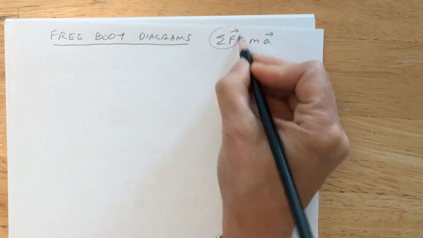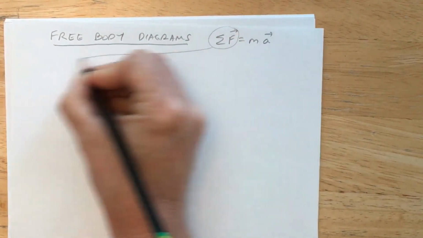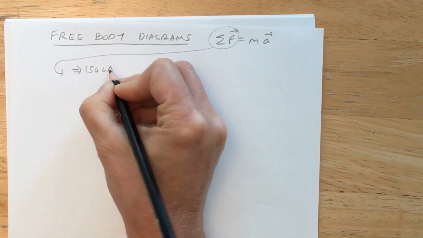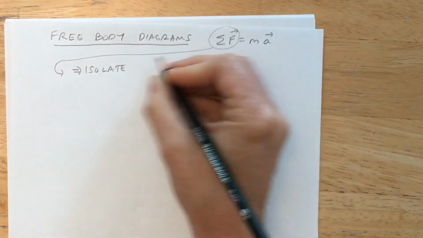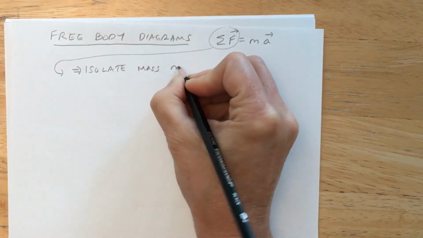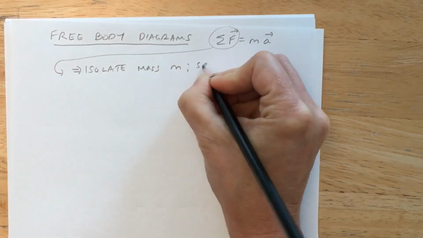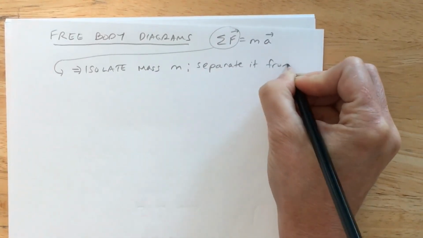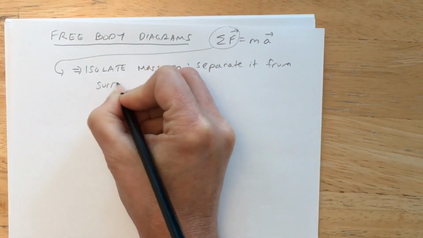Well, we need to isolate the object. So isolate the mass m, meaning that you're going to separate it from its surroundings.